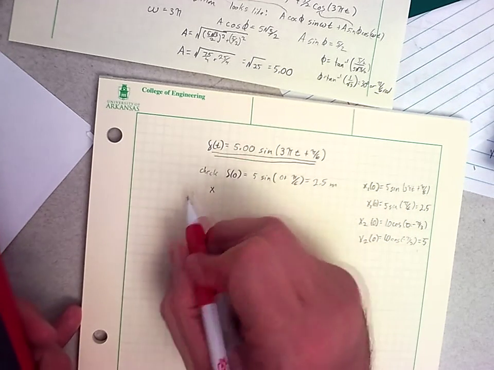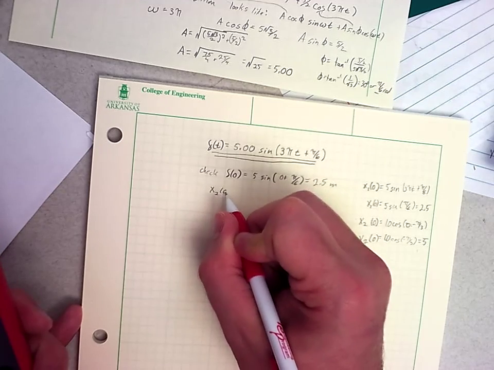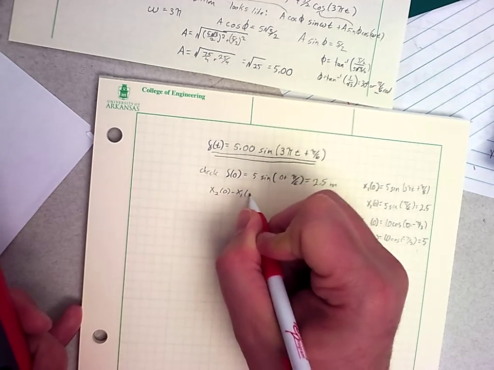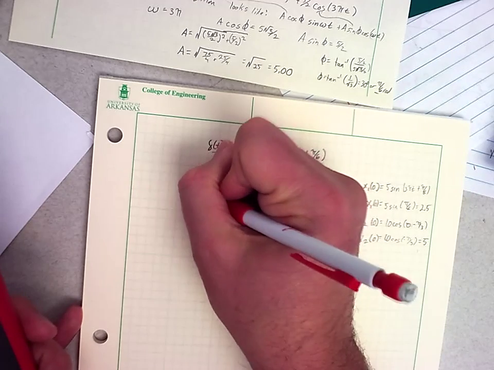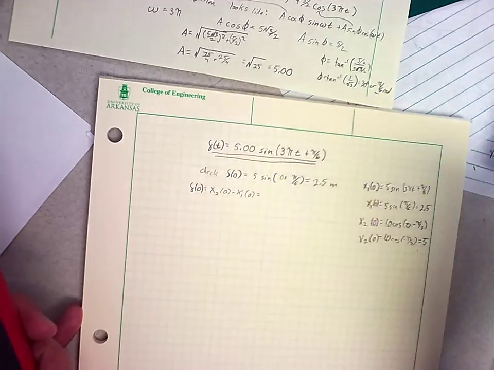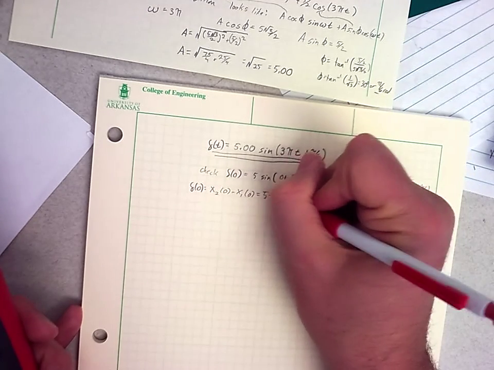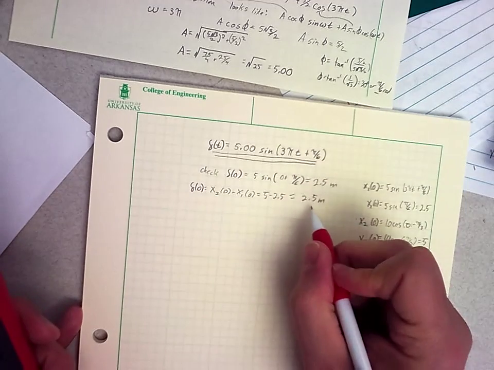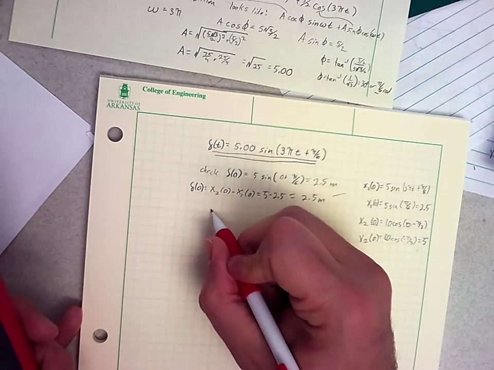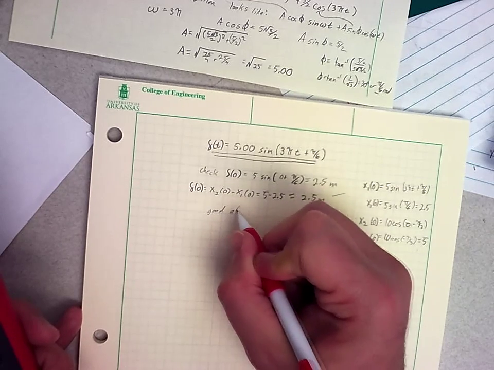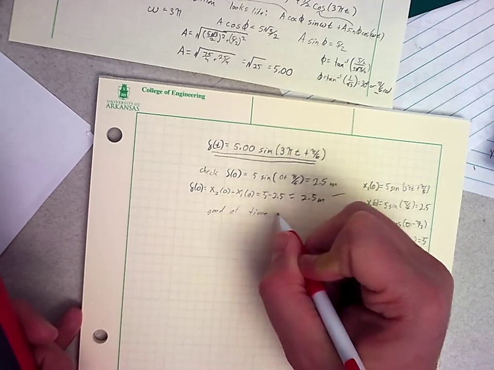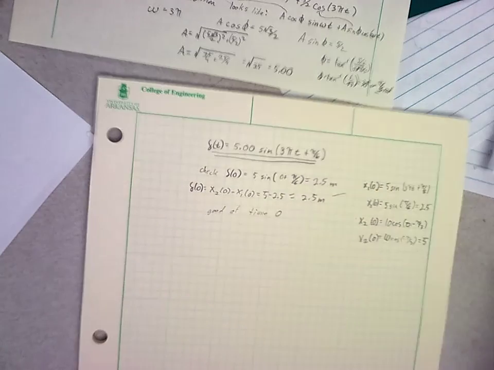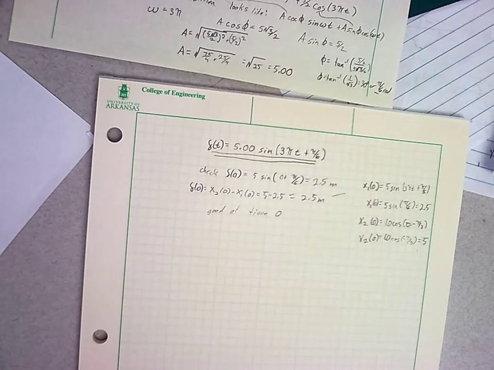So x2 at 0 minus x1 at 0 equals 5 minus 2.5 equals 2.5 meters. So good at time 0. And then another time we can check is time 1.